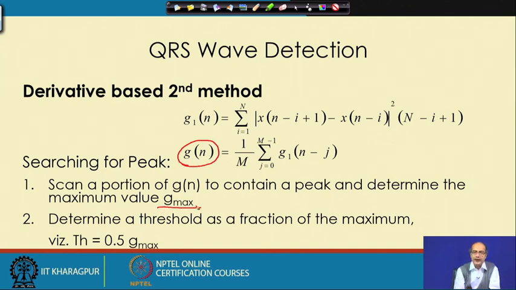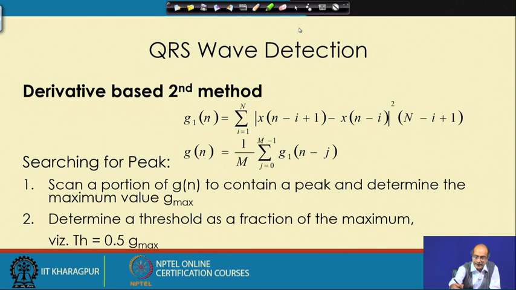For these G max, we take it as a reference, and 50% of the G max is taken as the threshold. If the signal is above that threshold, we say that the R wave, or the QRS complex, is present at that position, and if it is not, then the QRS complex is not there.